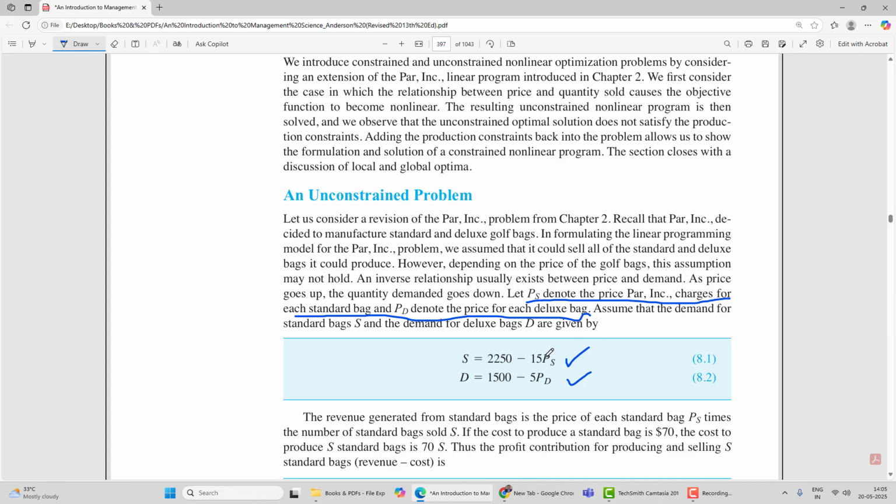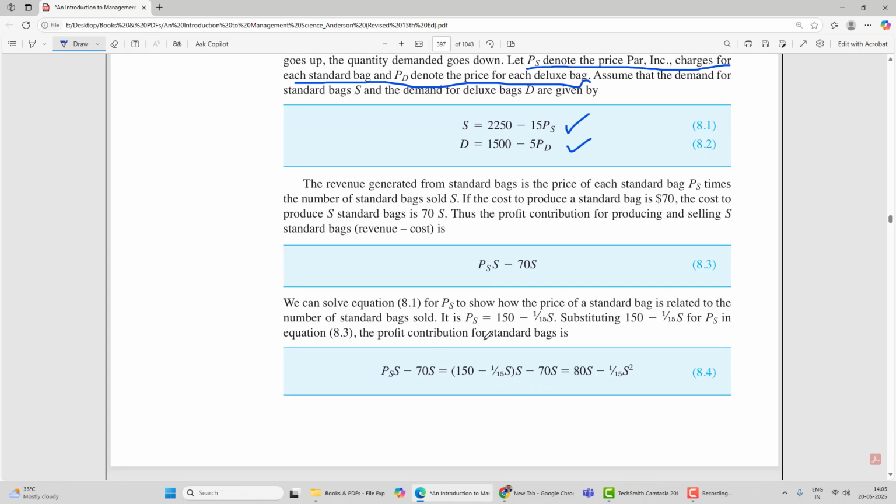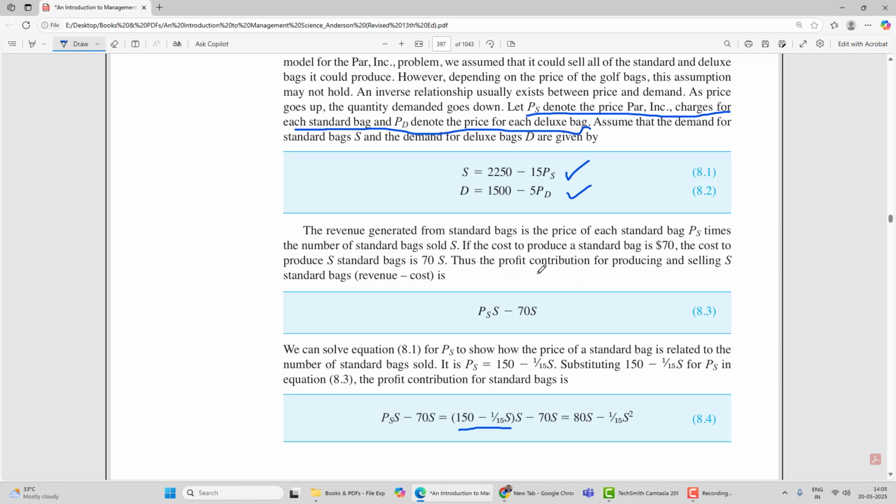Now I will convert PS in terms of S. So PS will be 150 minus 1 by 15 times S. And I know that the profit contribution is nothing but the revenue, which is the price into the quantity sold, minus the cost of production. So profit is always revenue minus cost.